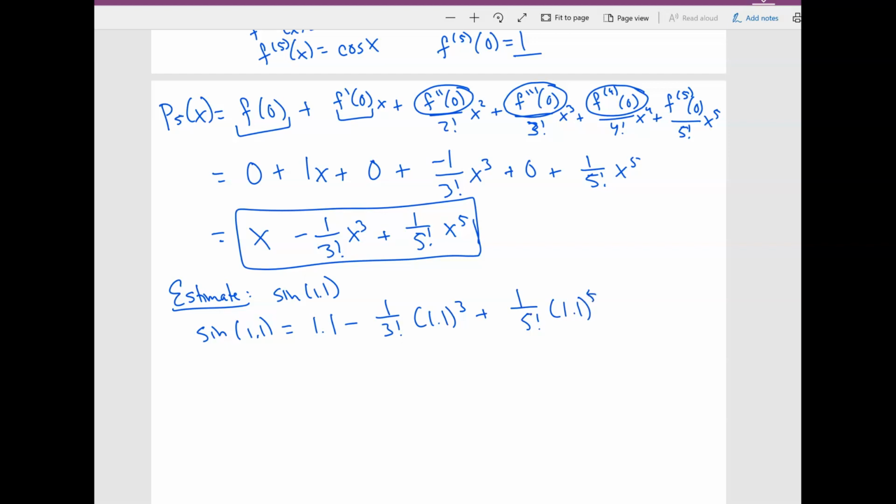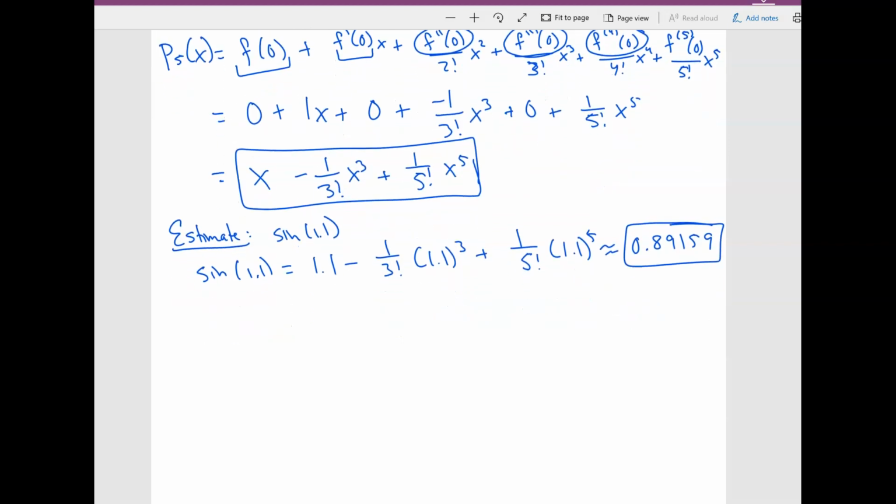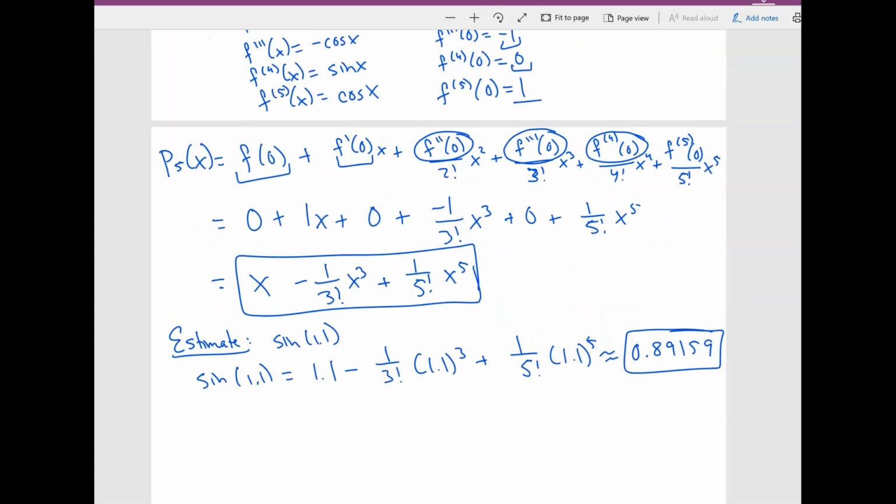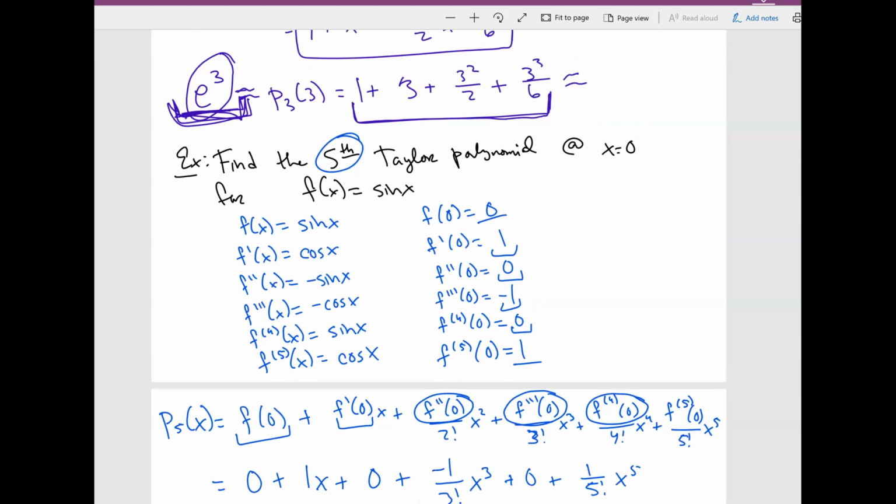So just plugging in a number, I can estimate this, and basically what I'm going to get is 0.89159.